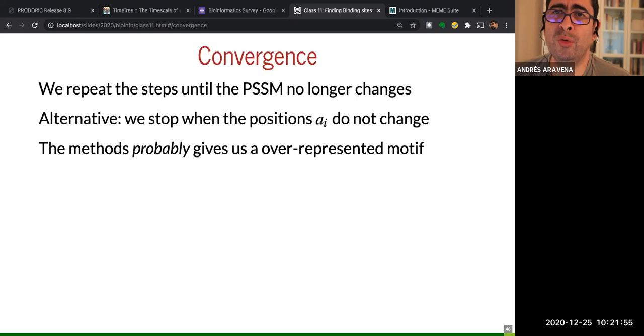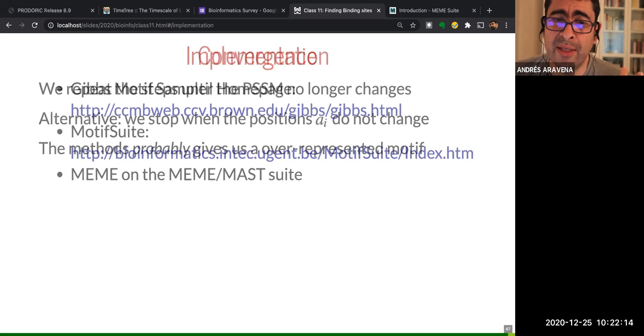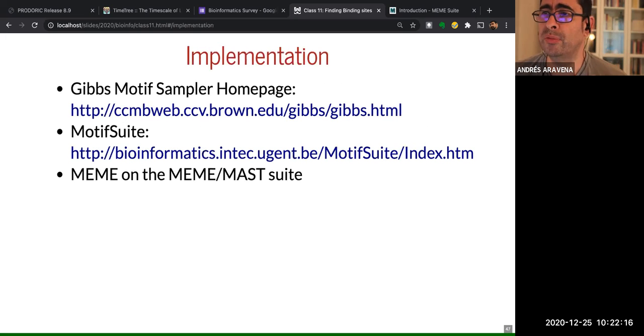Since we don't have any information a priori, we just do it randomly. The good thing is that at the end, it tends to work in most cases, not 100% sure, but with a very high probability.